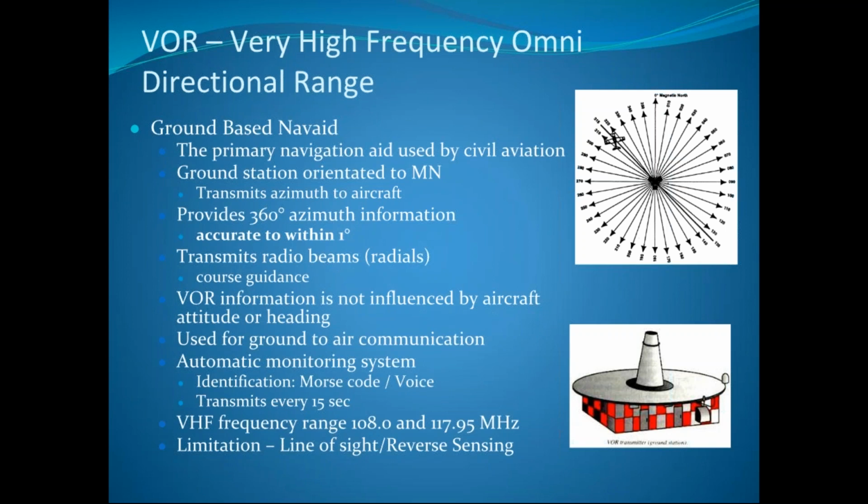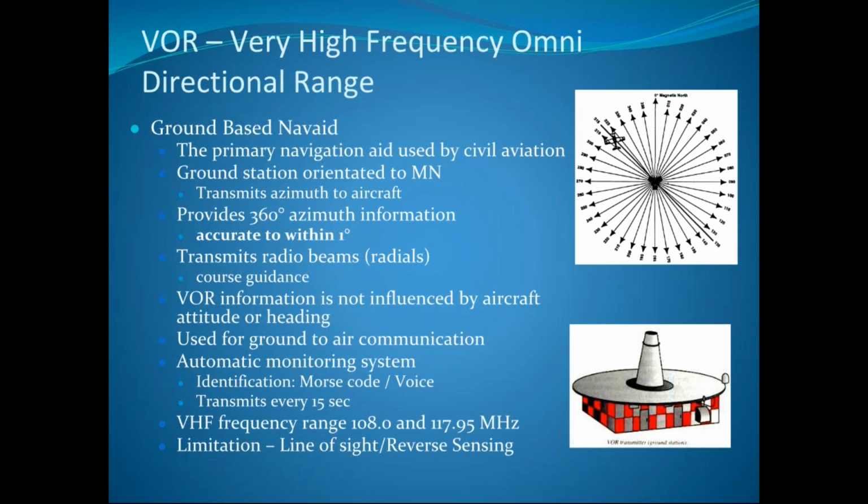Automatic monitoring systems. So the pilots have a volume button on the receiver to where they can turn it up, and we kind of hit this, but when they tune into the station, into this VOR radio frequency, they can turn up the volume on the receiver, and the VOR will actually transmit in Morse code the identifier of that station.